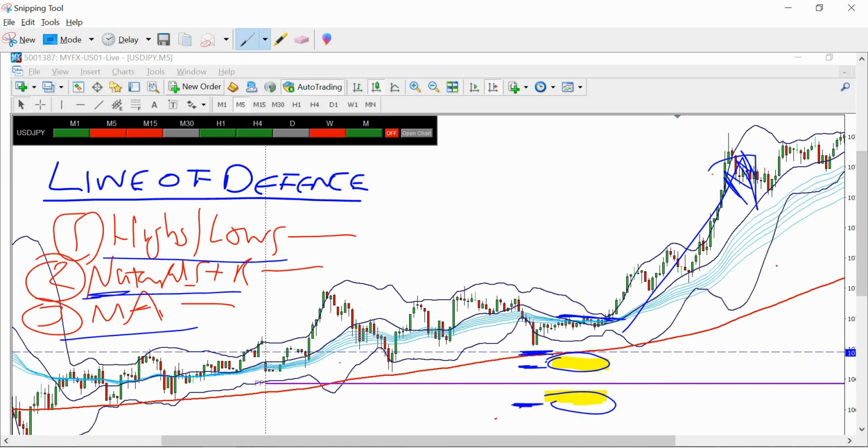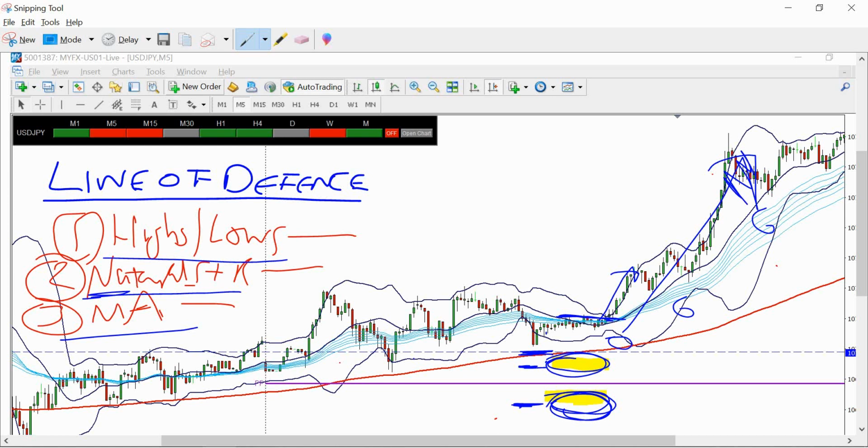That's not to say that you couldn't place the stop way out, and then as you quickly see the move, this impulse move going up, you move it straight to this level and then start trailing your stop under lows, highs, and all that kind of good stuff. But I'm not going to go into moving your stop loss to break even in this particular video. This video was all about trying to explain lines of defense of where to put your stop loss.